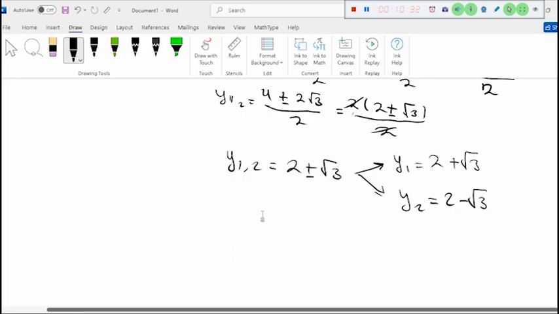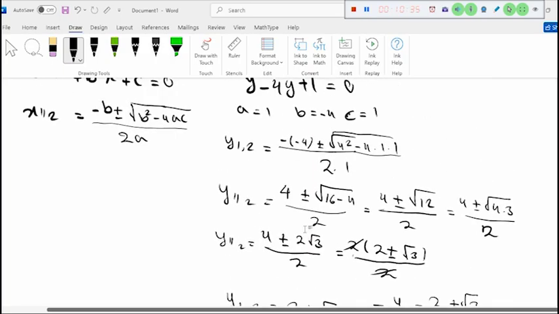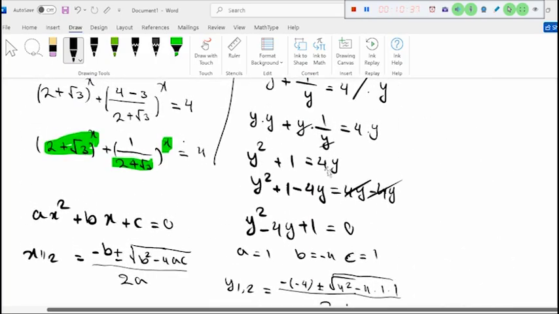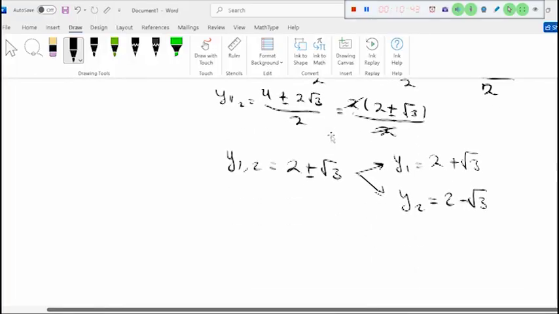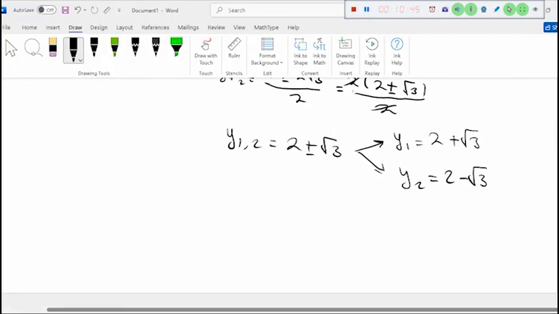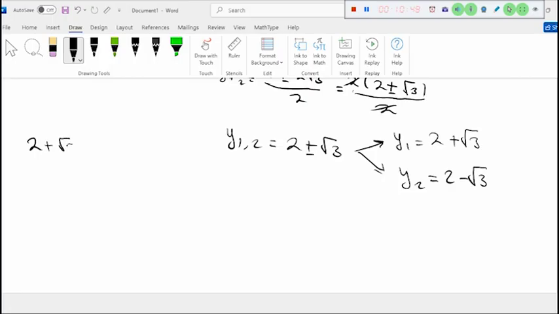So now we refer to the first part. Here we substituted (2 + √3)^x equals y.